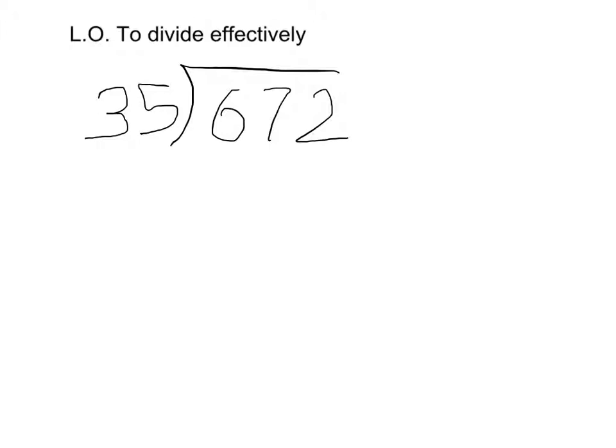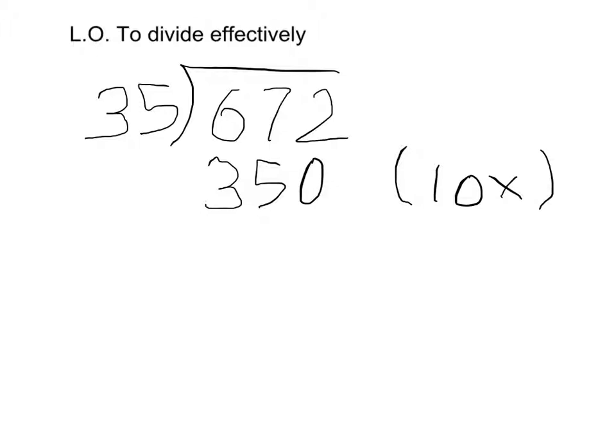I could take away from 672, 35, then another 35, then another 35, but that wouldn't really be chunking. So I'm going to use the chunking method. I'm going to take away 350, which is 10 times, so I put a little 10 times.